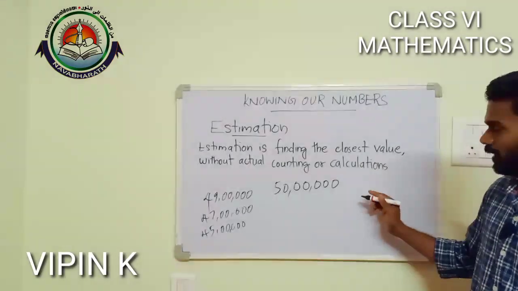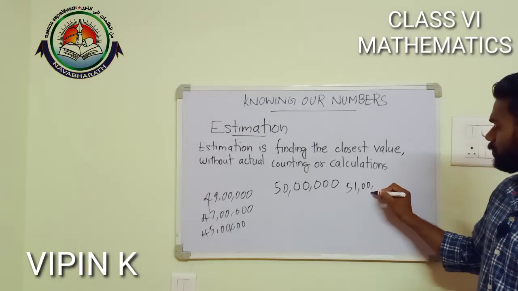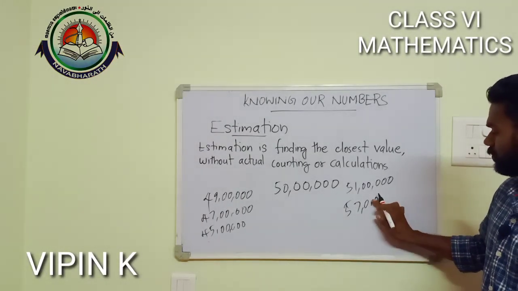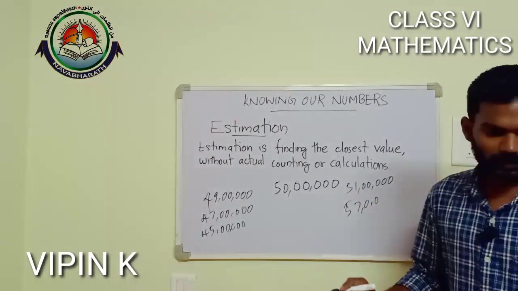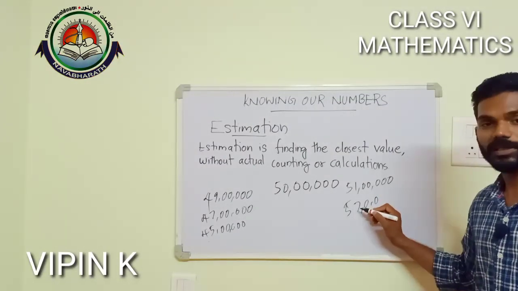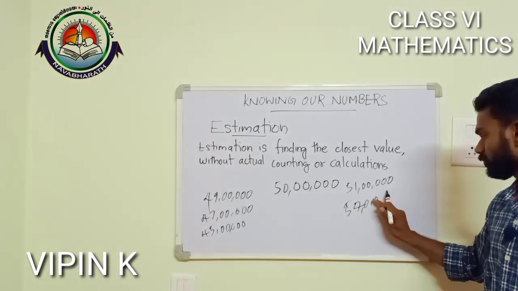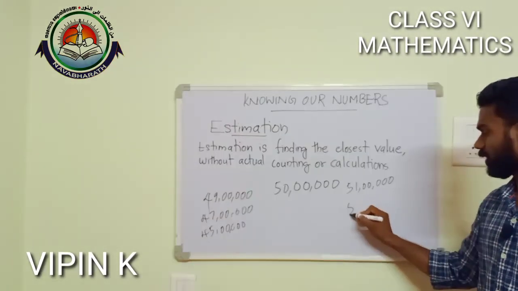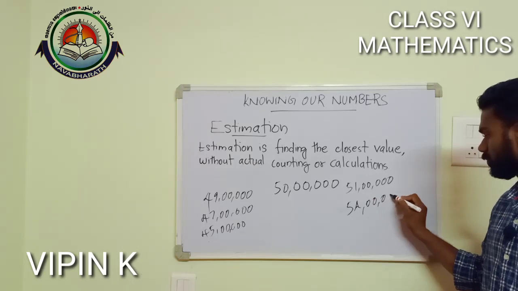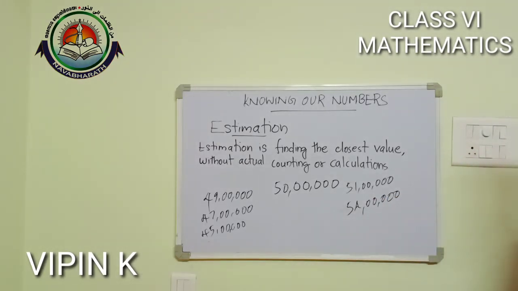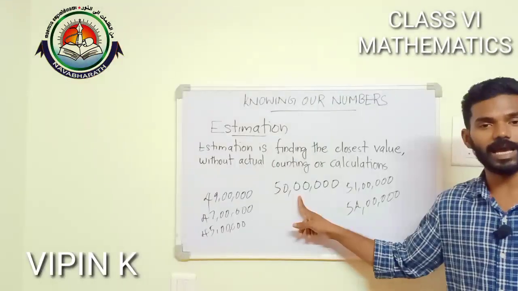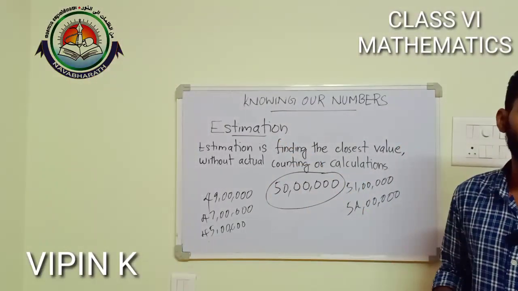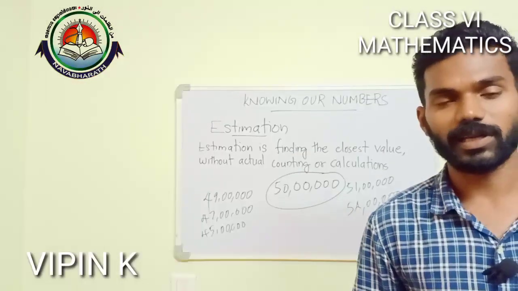And even if it is greater, if it is 51 lakh or 57 lakh or 54 lakh, or it is some other values that are nearest to this 50 lakh, then we can consider this 50 lakh as an estimation or estimated cost of your construction.